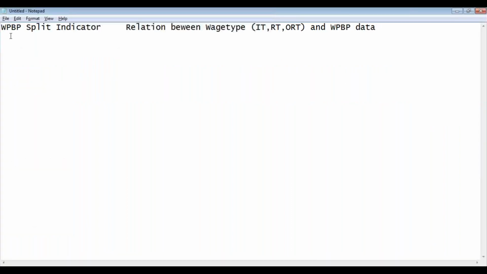Now the next split indicator: employee subgroup grouping for PCR. What is it? Where is it taken from? It is taken from V_503_ALL. See your employee subgroups.